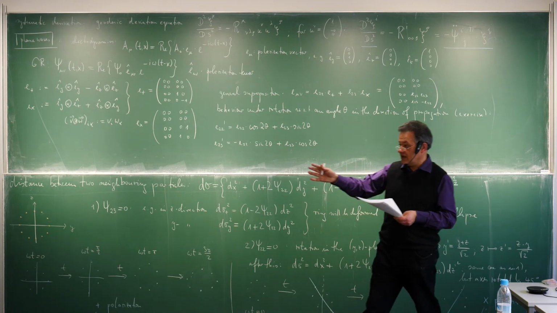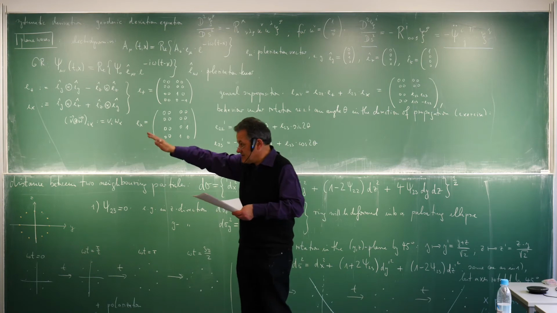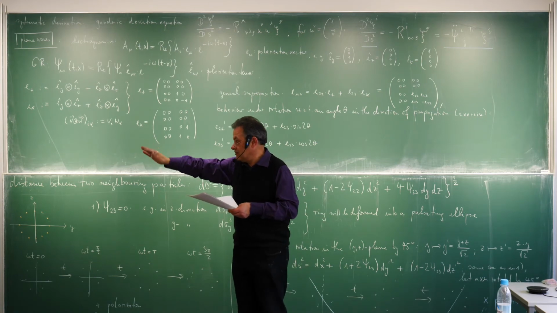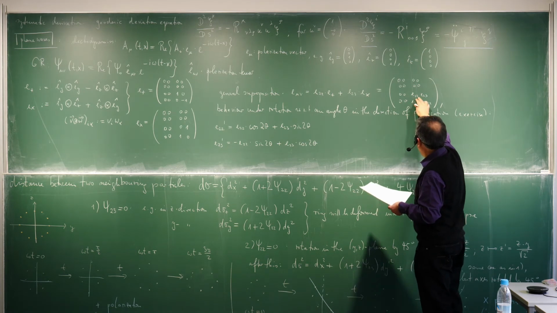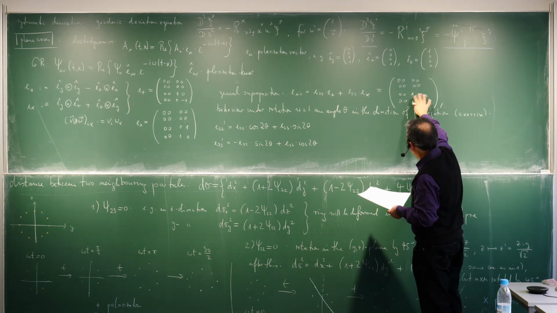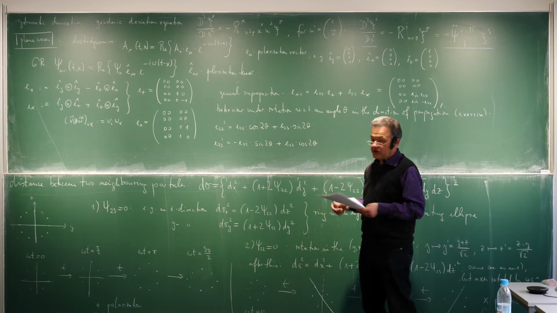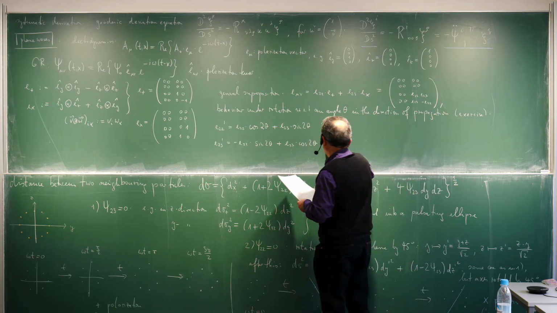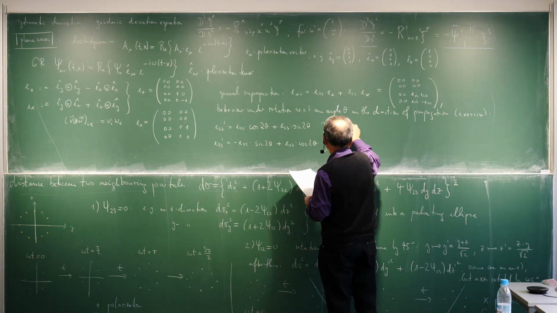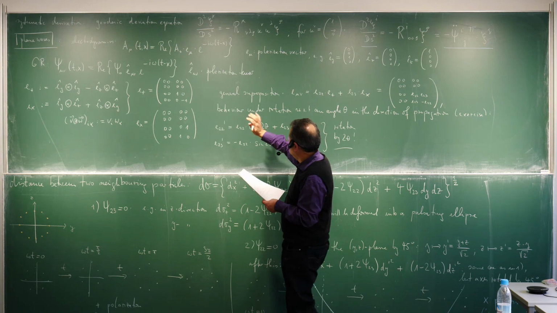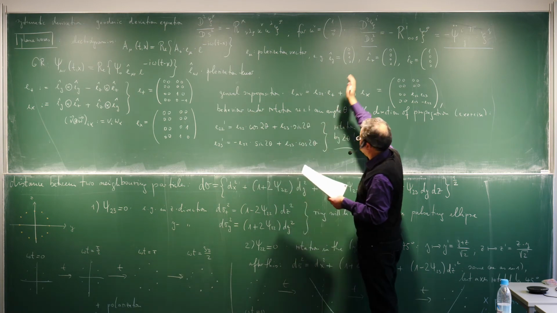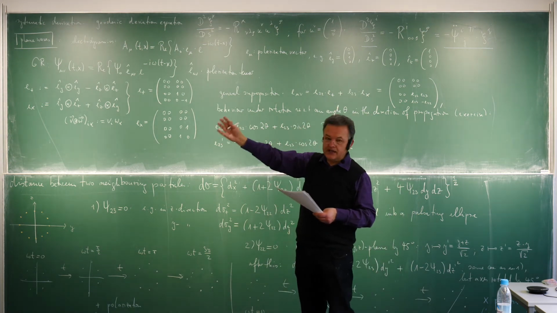So if you make a rotation by theta in space around the direction of propagation, the corresponding rotation for this matrix is by 2 theta. So this is very important, because for the vectors themselves, of course, they rotate by theta.